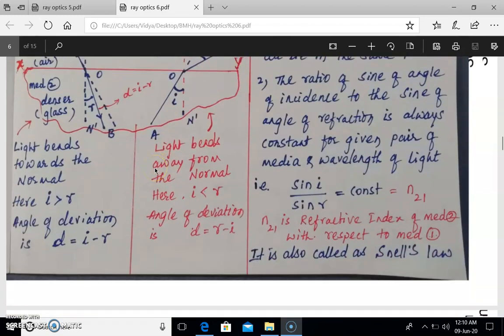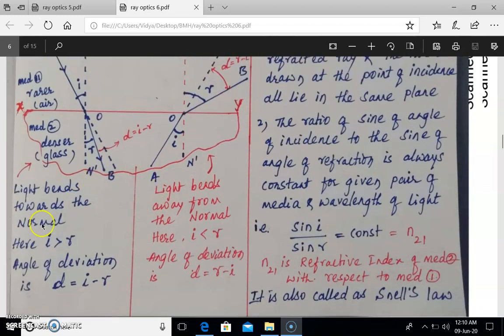The second law is: for a given pair of media, air-glass, air-water, air-diamond, water-glass, and for a given color or wavelength of light, the ratio of the sine of angle of incidence to the sine of angle of refraction is always a constant. That is, sin I by sin R is always a constant.